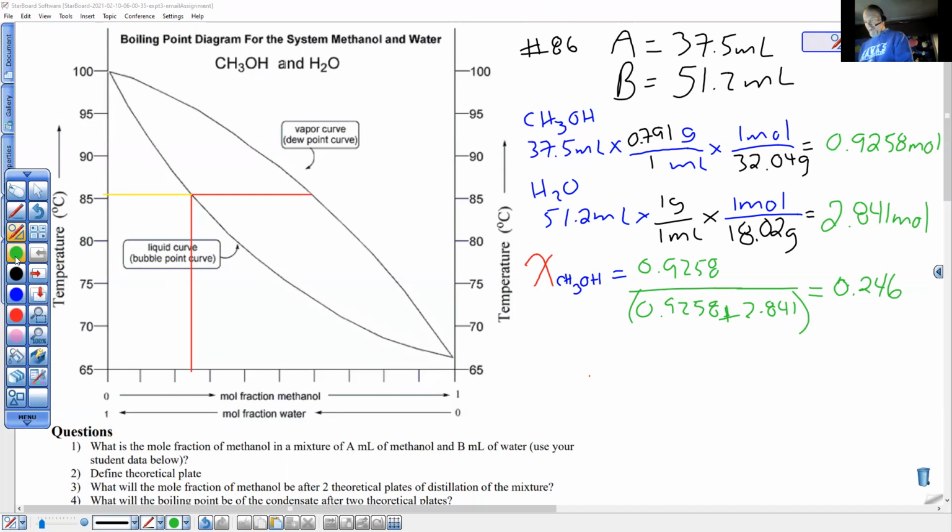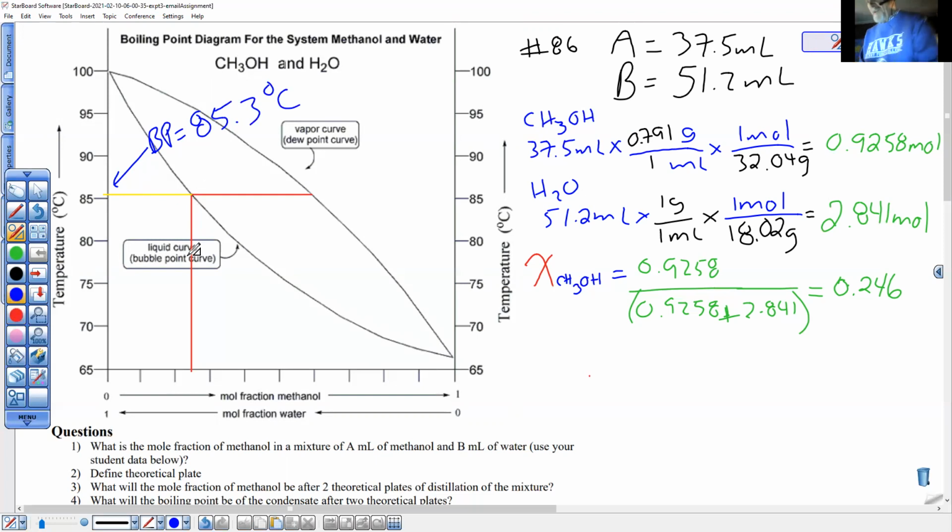I could ask what the boiling point of this mixture is, and that wasn't asked. It's a fair question. Just graph reading 101. But right now, this mixture is boiling at 85.3.